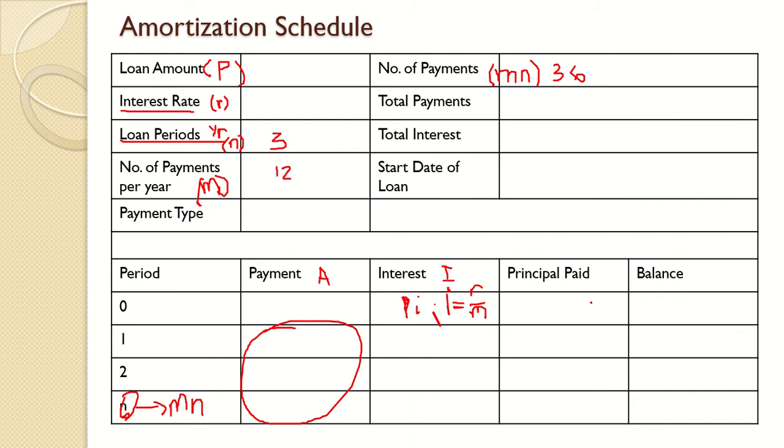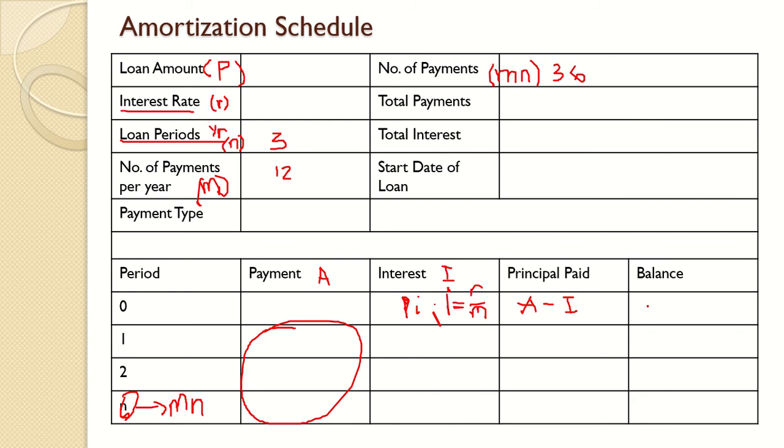So this is the small letter i. Then you have the principal paid. The principal paid will be the annuity minus your interest. And the balance here would be the previous balance minus the principal paid.